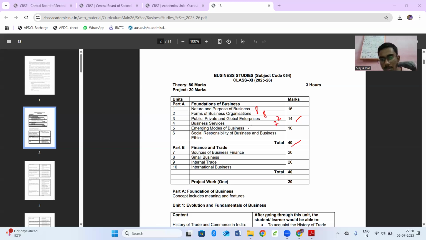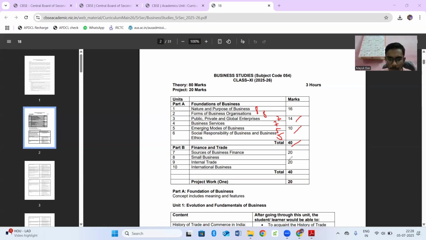Then emerging modes of business and social responsibility of business and business ethics will be 10 marks, that is 5 marks and 5 marks. This is the basic blueprint of the marks distribution of part A.